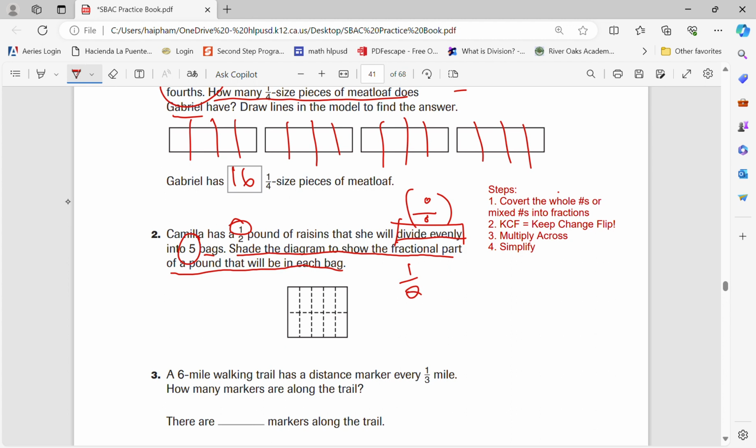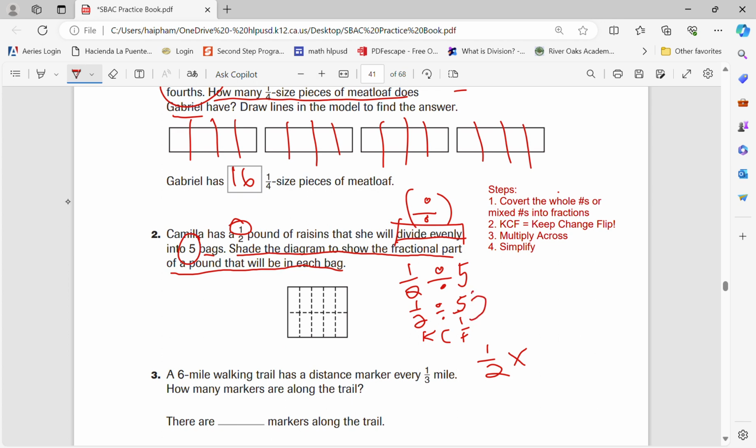So let's go ahead and set it up. We have 1/2 divided by 5. Step 1 is to convert. We have 1/2 divided by 5/1. Then if you use a reciprocal, KCF, we will keep the 1/2, change division into multiplication.